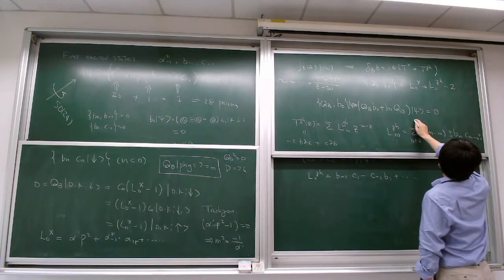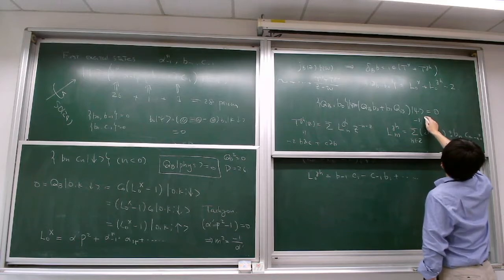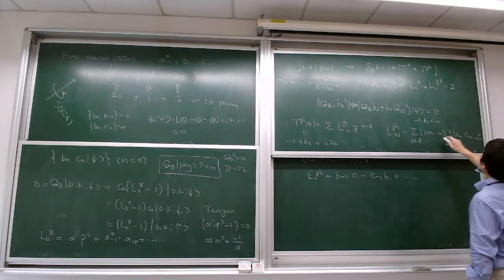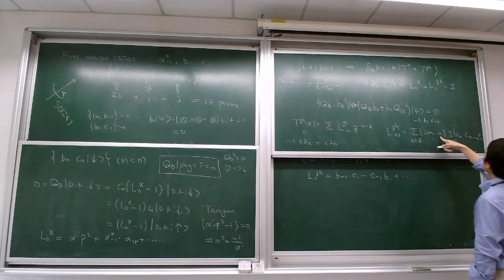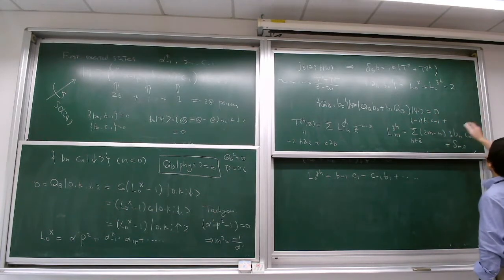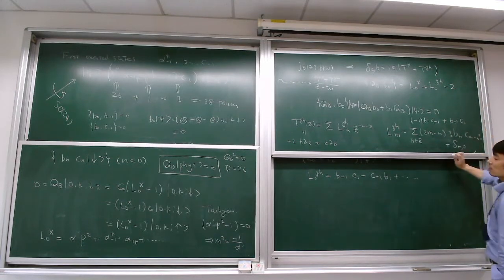So therefore, what's remaining is minus 1, b1, c minus 1. And then if you take n equal to minus 1, it should be plus b minus 1 and c1.